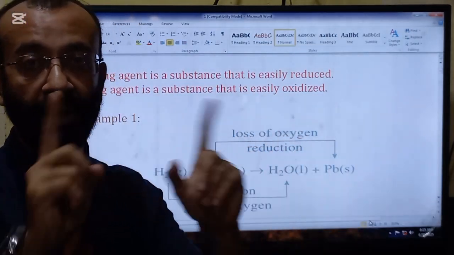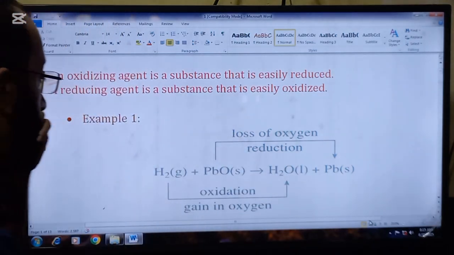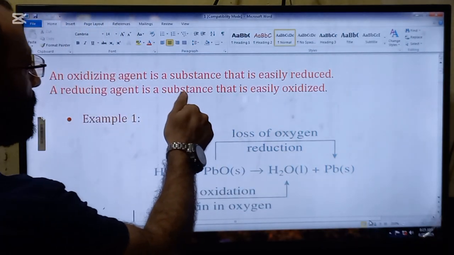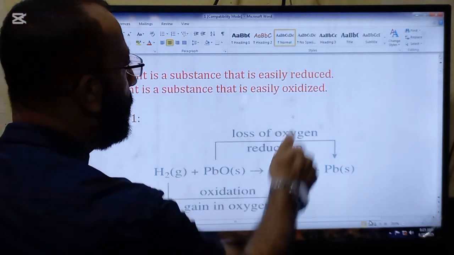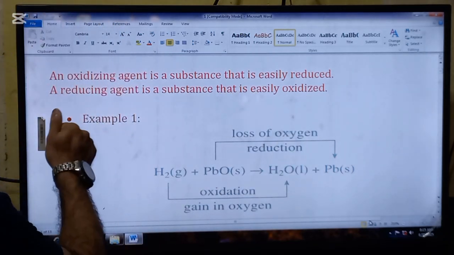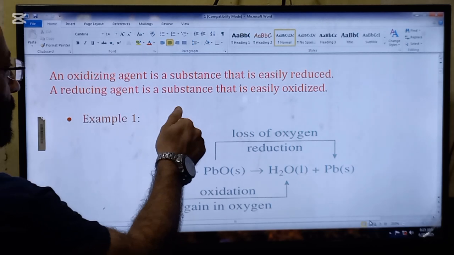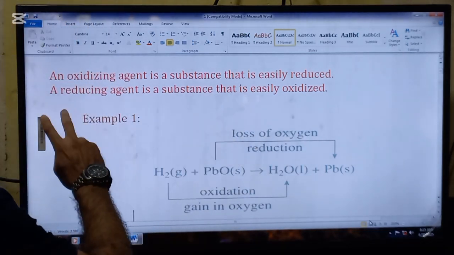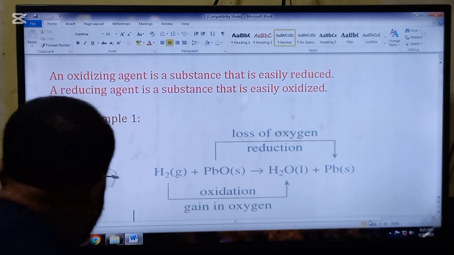These are reverse of each other. Again, read: an oxidizing agent is a substance that is easily reduced. A reducing agent is a substance that is easily oxidized. These are two very important terms.